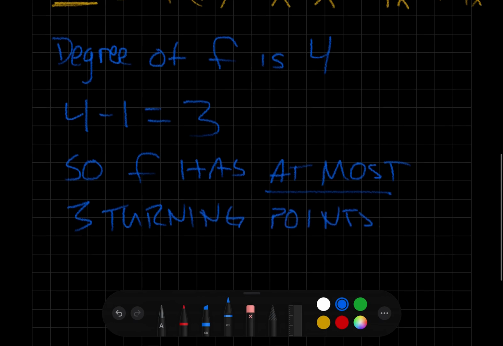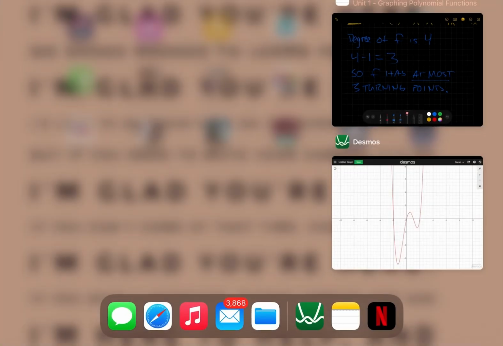So what that means, f could have 1, 2, or 3 turning points, but it would not have 5 turning points, for example. All right, so let's take a look at what those turning points look like, and then we'll wrap this one up.